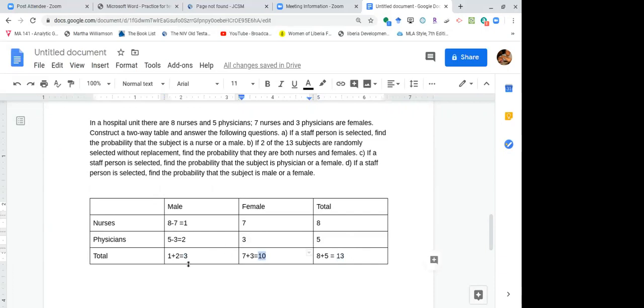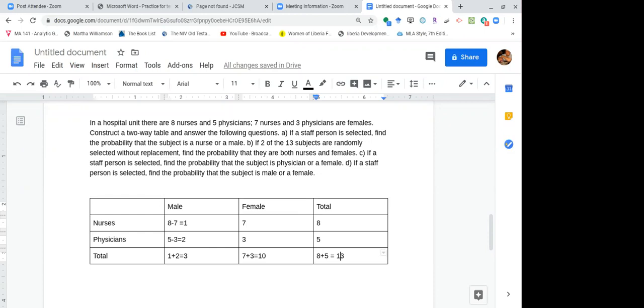So your row total going across and your column total going down should match your grand total. If they don't, you've done something wrong. Yes. I did mine opposite yours, but it's still accurate. Questions on how I set this up? I don't have any, Christy. No, I'm good.